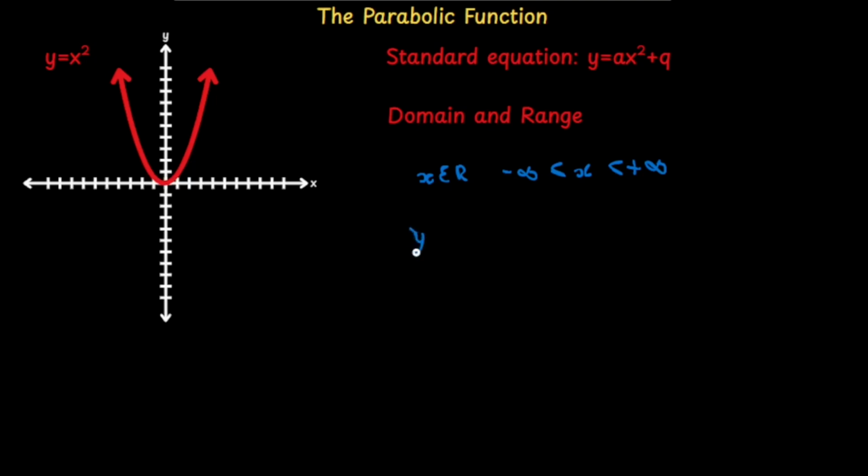So we would say y is an element of, we'd start off with square brackets because 0 is included, 0, comma, infinity, because it would continue to infinity, and we close off the infinity with a round bracket because it is not inclusive. You can't contain infinity, right?